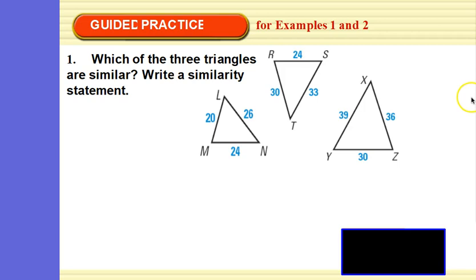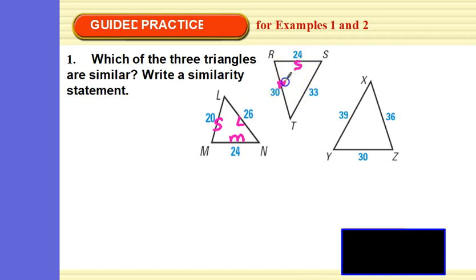Which of the 3 triangles are similar? Write a similarity statement. All right, so let's see. We have small, medium, large, right? Where's small?